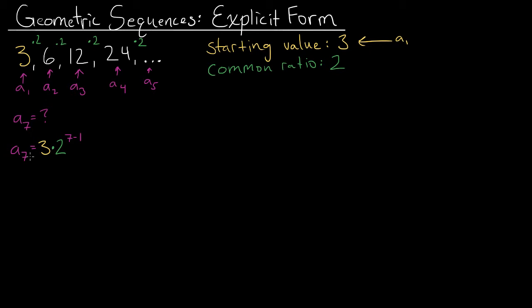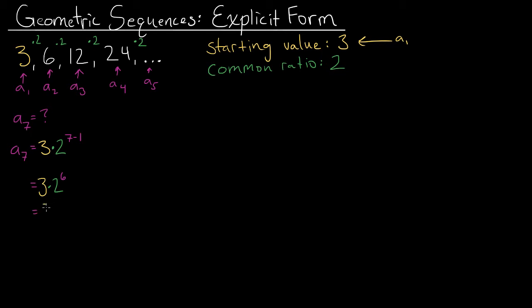And so in order to find out what a sub 7 is, we just need to simplify this. We have 3 times 2, and that's to the 7 subtract 1 power, or the 6th power.